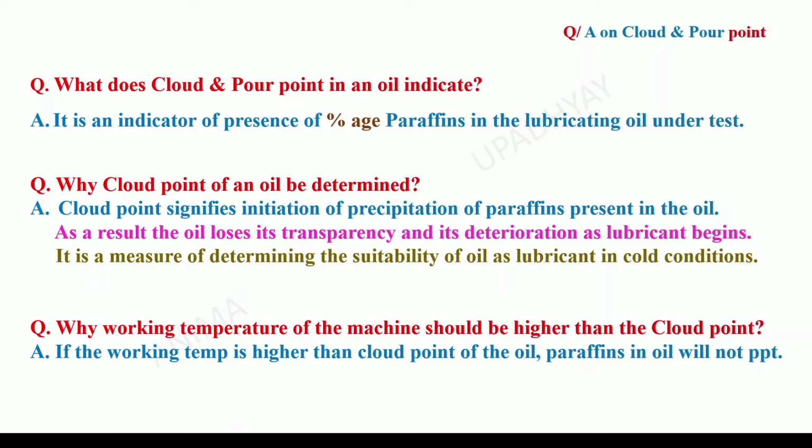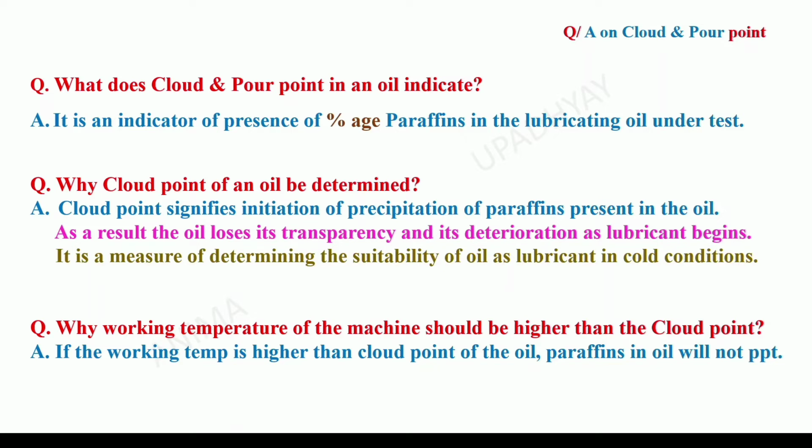Why should the cloud point of an oil be determined? Why should we determine the cloud point of an oil? The cloud point signifies initiation of precipitation of paraffins present in the oil. That is the beginning of precipitation of paraffins that are present in the given oil sample.